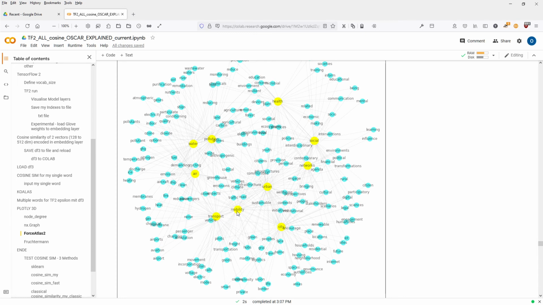This is exactly what we would expect, that the semantic closeness of the words transport and mobility are closer to each other than to any other words. So this looks good. And in light blue, we have all the other words that our shallow neural network identified to be in a close semantic vicinity, given our 34,000 research projects.